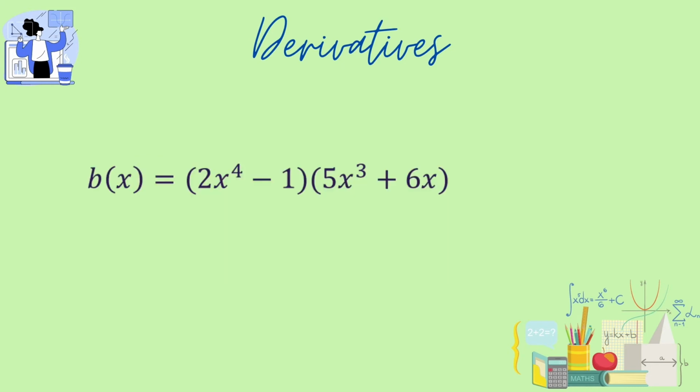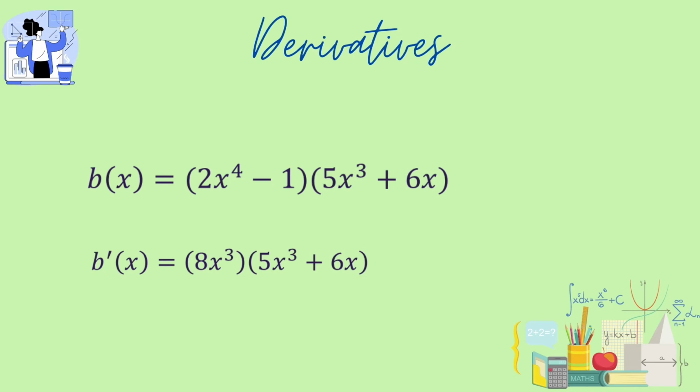Given this product of two binomials, you can choose to expand resulting to a polynomial or apply the product rule. We first get the derivative of the first factor, thus we have 8x cubed, and multiply it to the second factor, 5x cubed plus 6x.